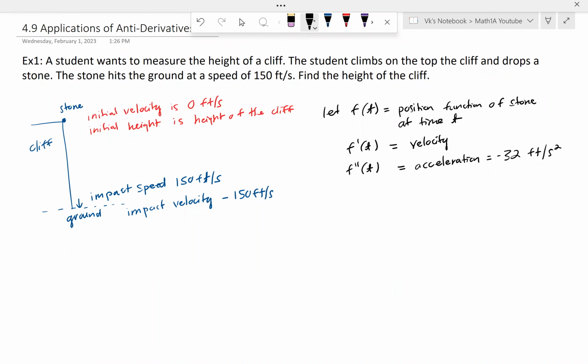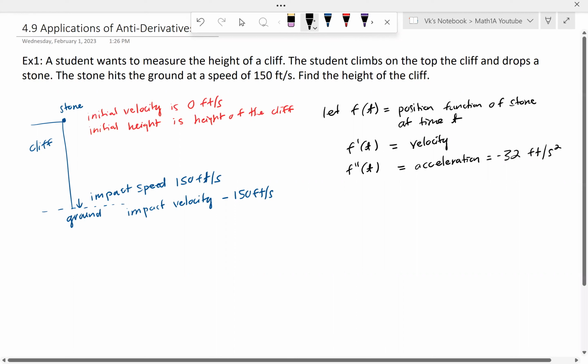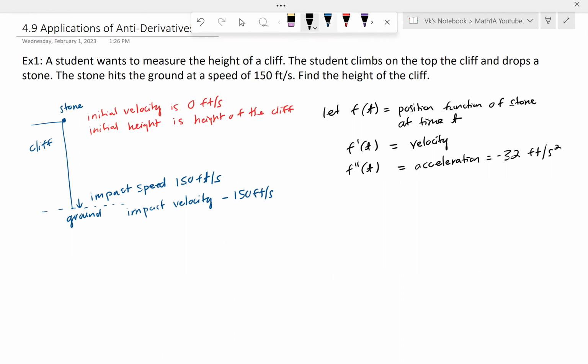Okay, so we're going to begin from there. Begin from f double prime t, and we use antiderivatives to get the velocity and the position function. Very cool, huh? The antiderivative of the second derivative is the first derivative. So f prime t is negative 32 t plus c.